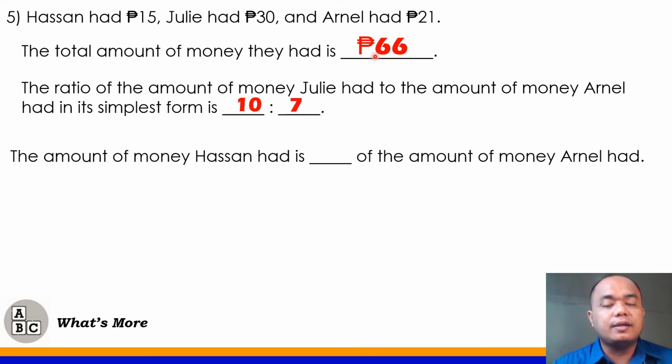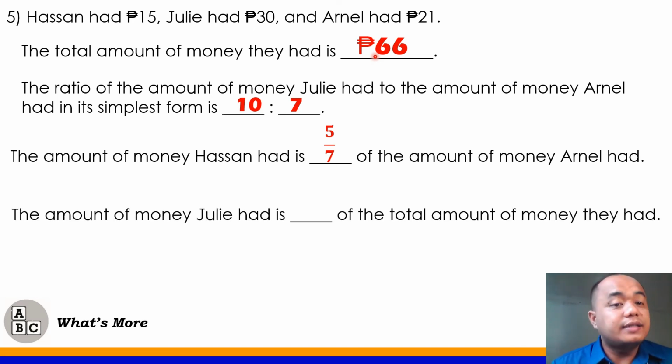Yes, paano natin yan i-express to lowest term? Yes, i-divide natin sila sa kanilang GCF na 3 pa din. Very good. So, 15 divided by 3 is 5. And 21 divided by 3 is 7. So, the answer here is 5 over 7. So, the amount of money Hassan had is 5/7 of the amount of money Arnel had.